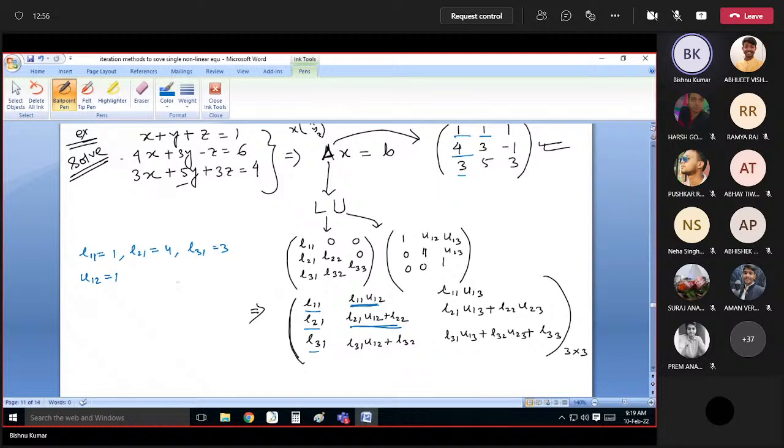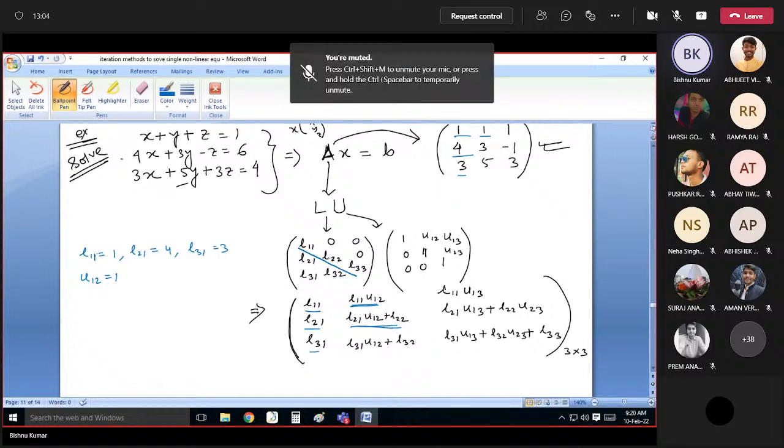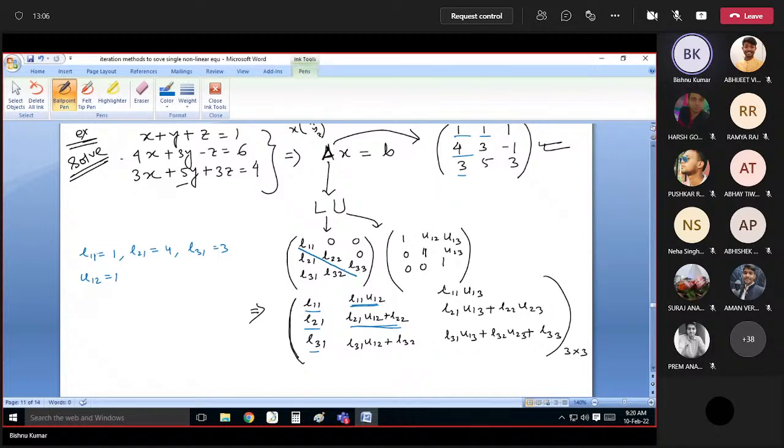Actually, my logic is I have taken these as variables: L11, L22, L33. In the L matrix you have 6 unknowns, and in the U matrix you have 3 unknowns. So how many unknowns do you have? Total 9 unknowns. After multiplying, it gives you a 3 by 3 matrix, and if you compare point-wise by position, it will give you 9 equations.